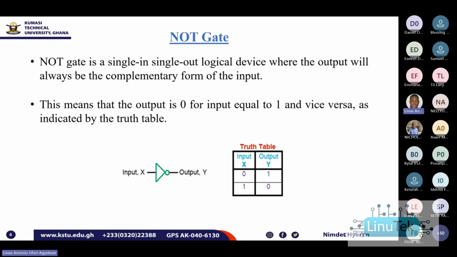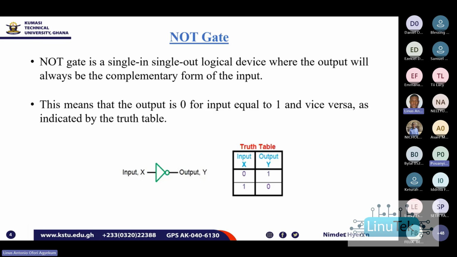Since it is just a one-input device, that will be 2 raised to the power 1, and that will give you two possible combinations. That is why we would either have an input of 0 or an input of what? 1. And the NOT gate will give you an output which is the opposite of the input. If you look at this truth table, if the input to the NOT gate is 0, you get an output of 1. If the input is 1, you get an output of what? 0.